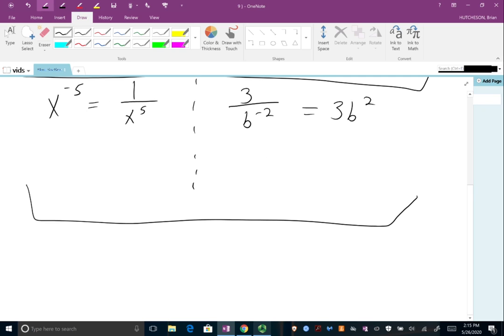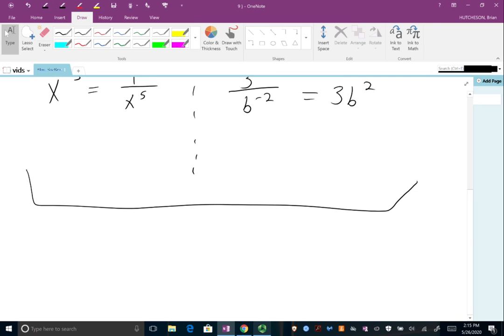Let's keep going. What if I had 2x to the negative 5th power? Good time to pause it, try it on your own. I just want to warn you though, does the negative 5 influence the 2 at all?